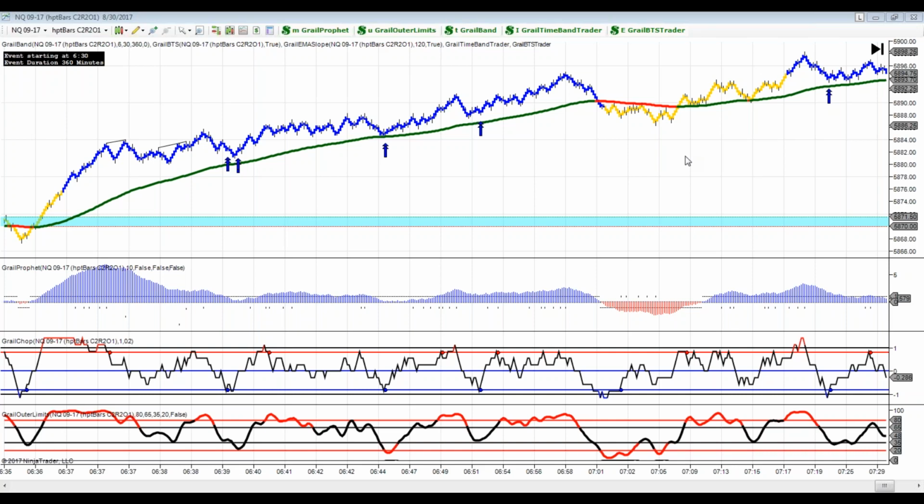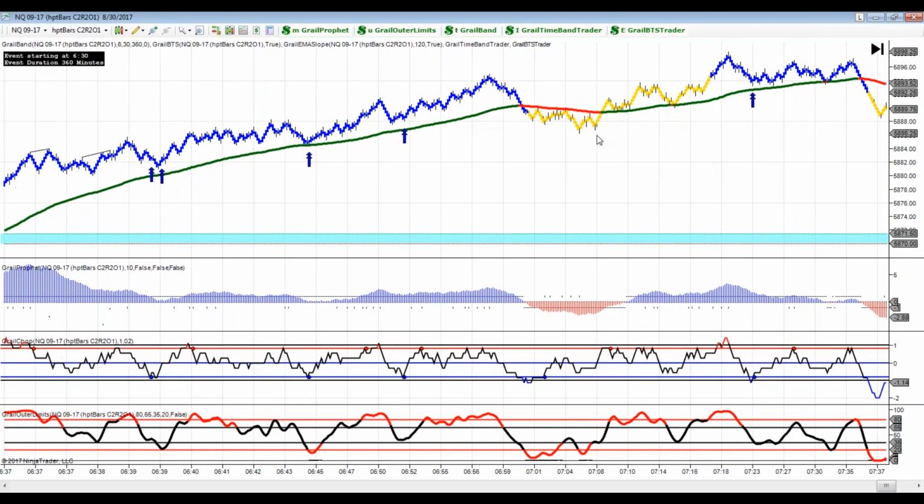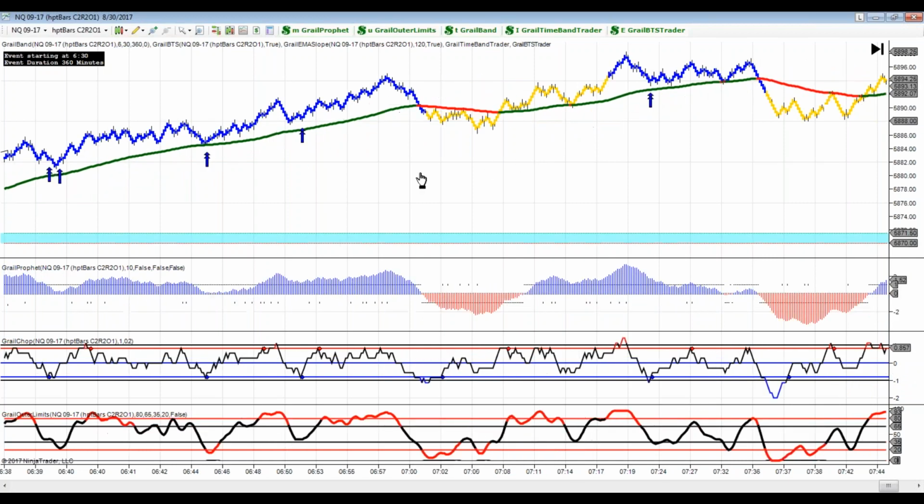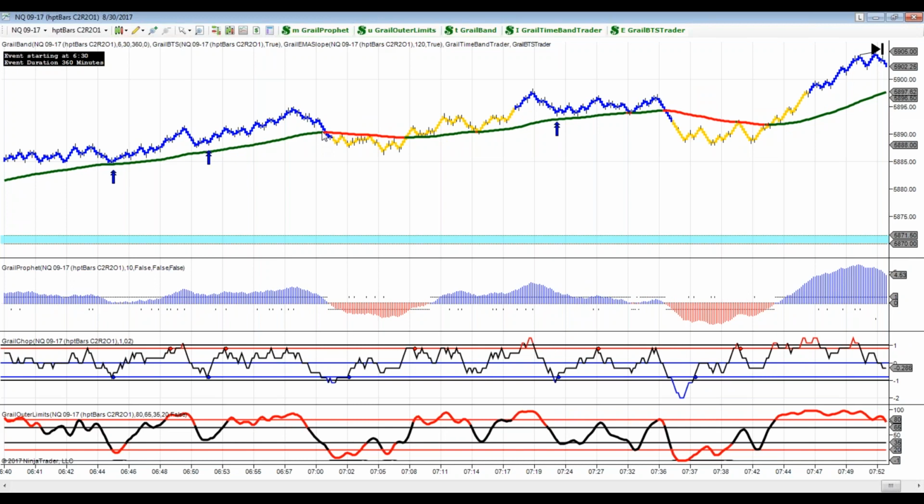All right. Let me show one other thing that's important. And you saw me do this in the room today, okay? And then I'll get to Grail 3. When our bars are blue, and then we change to yellow. In other words, we don't go red. We change to yellow, and we get below the EMA that I like to use. There's another trade that you can take. Generally, you're not going to get an arrow on this.